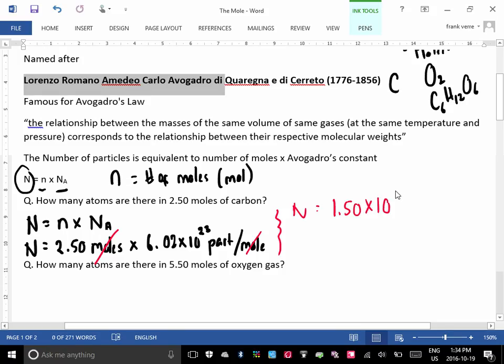Particles. Now again, the term particle can mean atom or molecule. So if it's carbon, it's going to be atoms. But you could leave it as particles. It's fine.